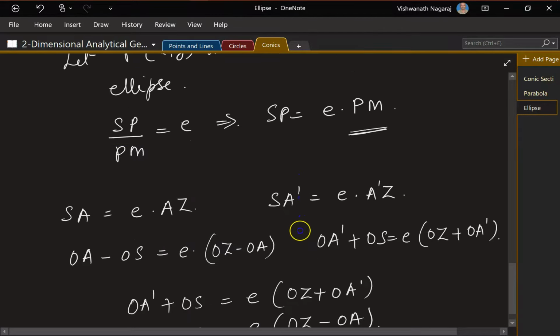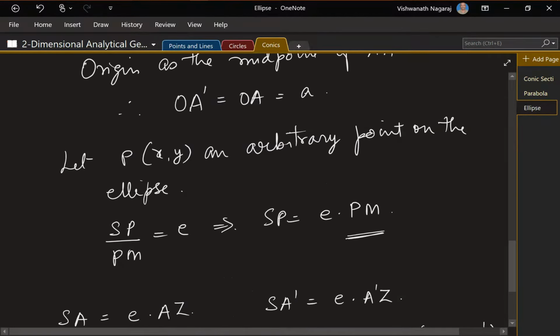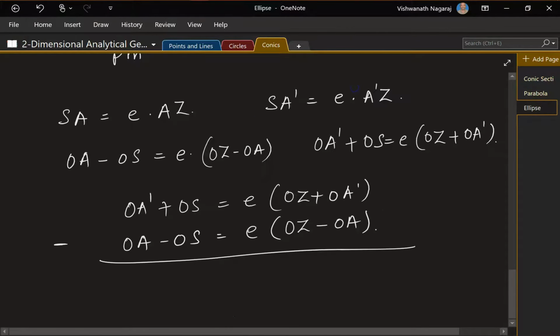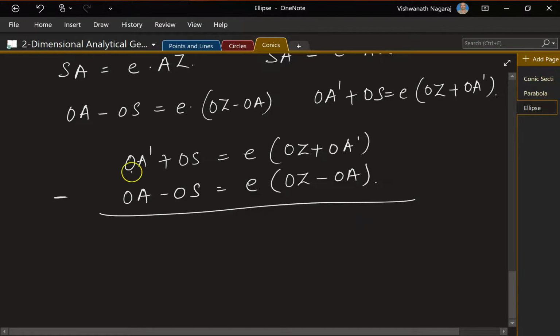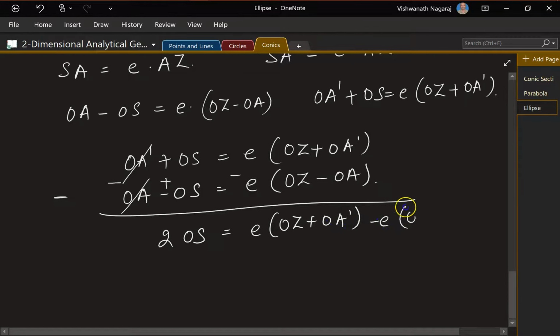These two are equal. And if we do the subtraction, this becomes minus, this becomes plus, this becomes minus. And these two get cancelled. So we are left with 2OS is equal to E times OZ plus OA prime minus E times OZ minus OA.